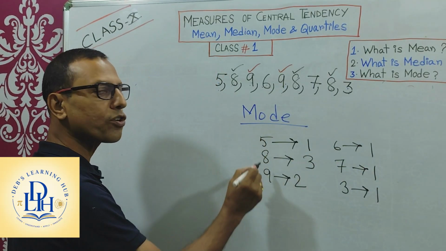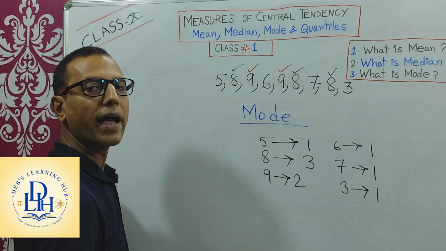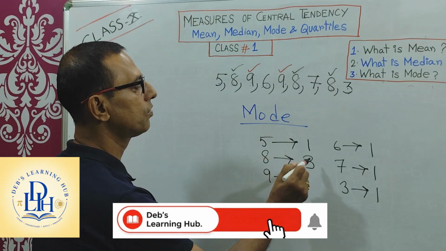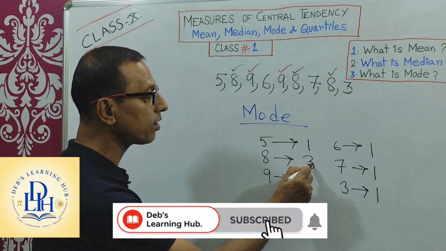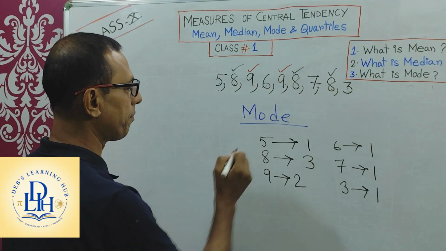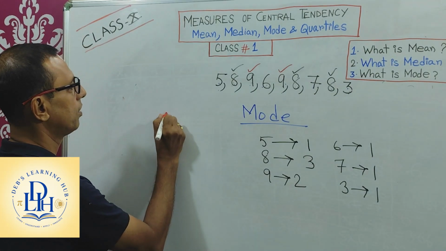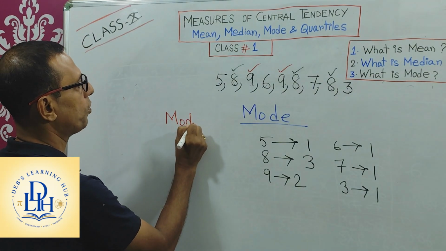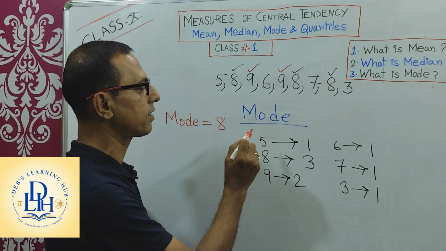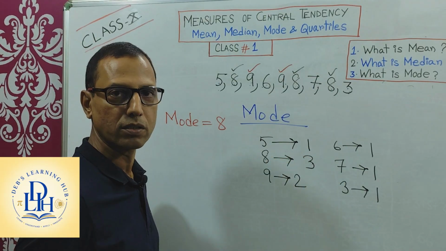The highest frequency is 3, for the value 8. So the mode is 8, because this observation has the highest number of occurrences.